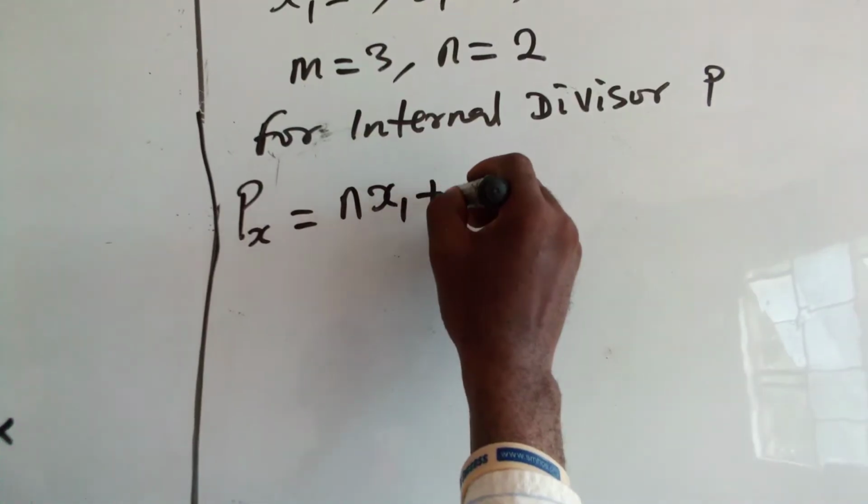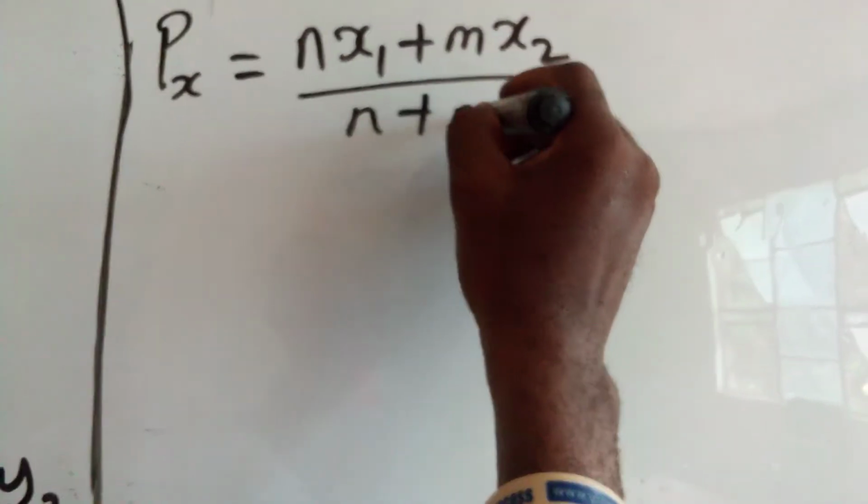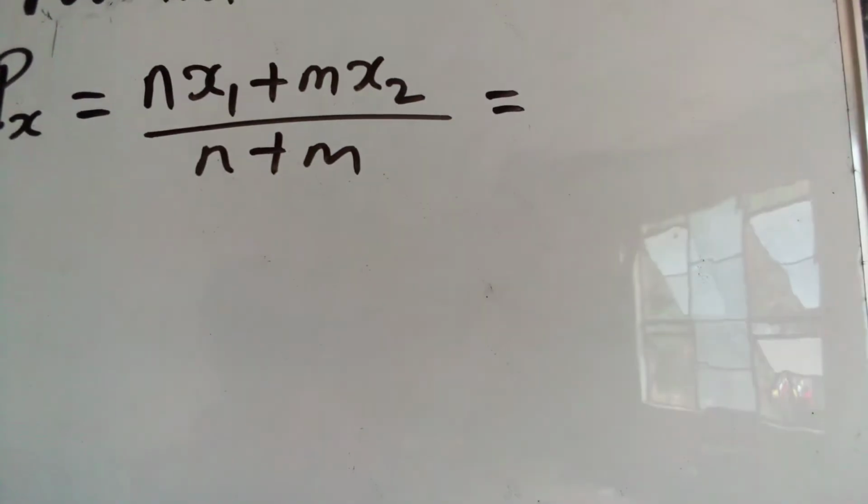So you're going to say n x1 plus m x2 all over n plus m, and you substitute.